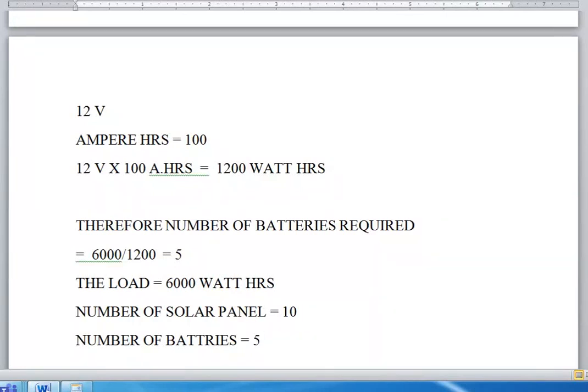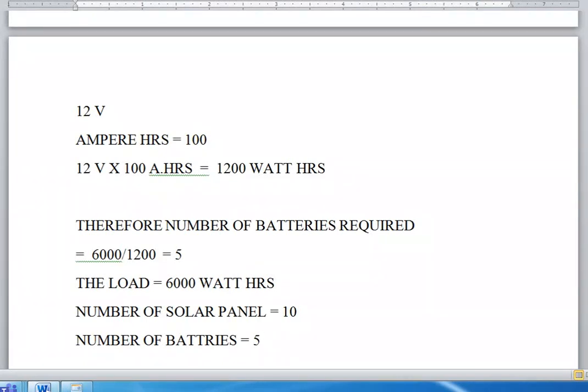Since you are decreasing the total load, let us go for fewer solar panels. If you go for 5 solar panels, what will happen? Just now I said, water is coming to your locality very slowly, then the size of your tank should be very large. So the number of batteries will increase.